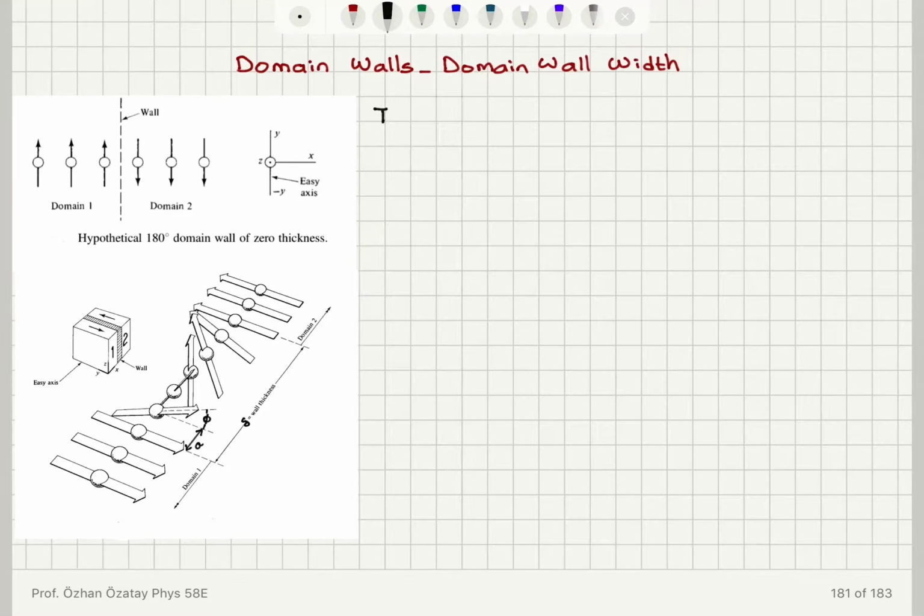So there are two possibilities regarding the boundaries between domains.